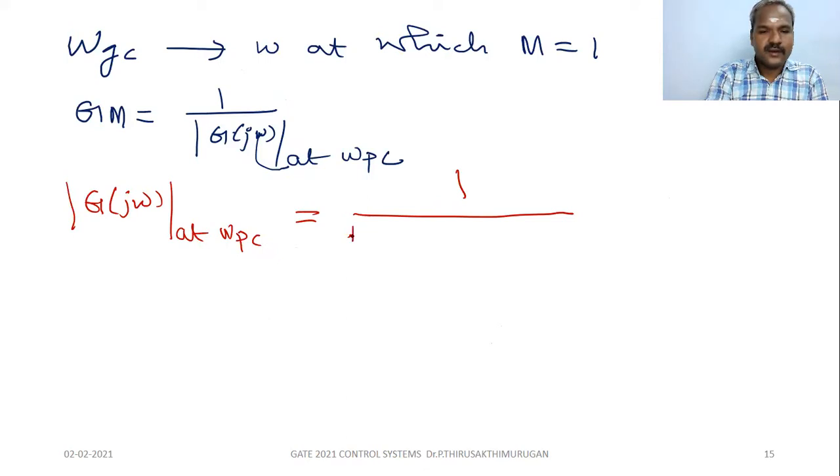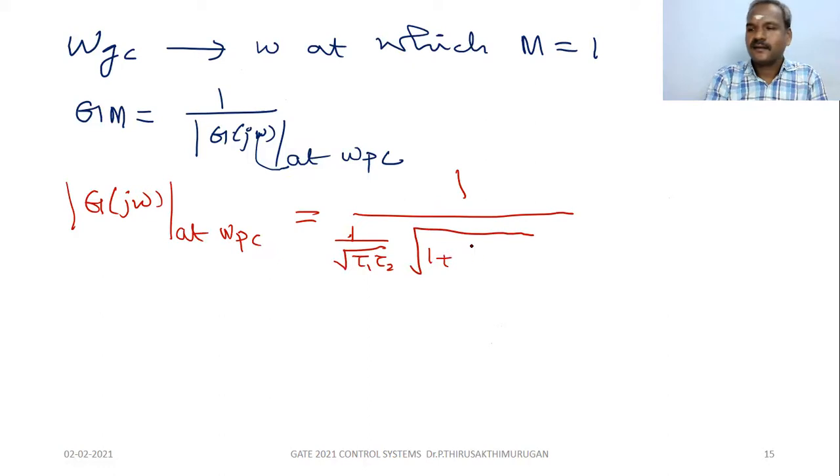Here 1 by omega PC, square root of tau 1 tau 2 into square root of 1 plus omega square tau square.